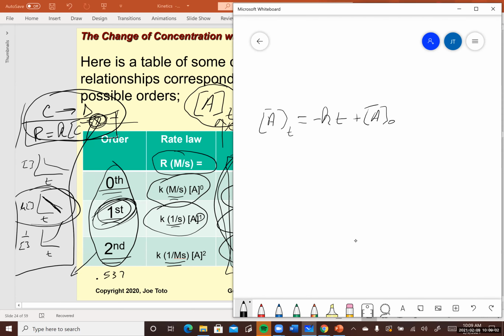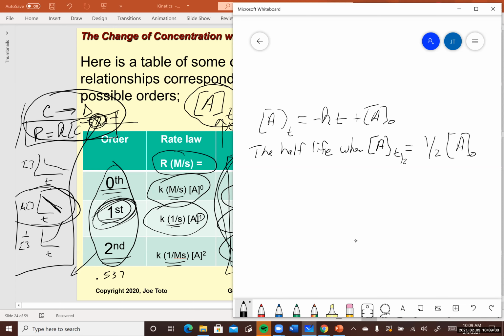So that's an infinite point function. Now I want to look at just the half-life. When that concentration is T 1/2, that's going to equal 1/2 the initial. Right? That's the one point that I want to look at.